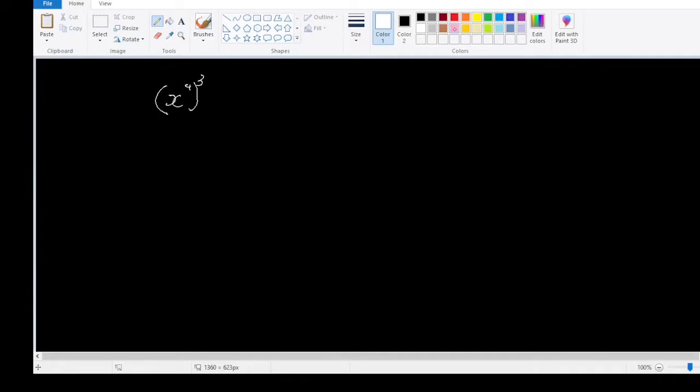Here, as we have brackets, this will be multiplied. So this will be 4 times 3, which equals x to the power of 12. This is because we distribute the 3 onto the exponent 4. So this is an exponent, it multiplies the exponent inside. So it will be 12, as you can see.